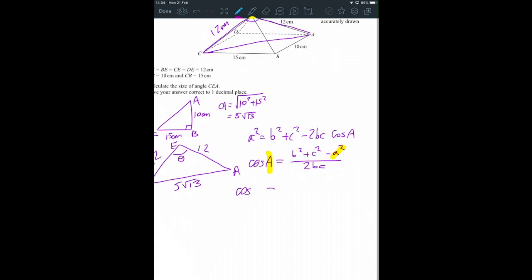So applying to our triangle, cos theta is 12 squared plus 12 squared minus the opposite side squared, 5 root 13 squared, all over 2 times 12 times 12. And yes, indeed, I did make sure that I put those as the opposite pair.